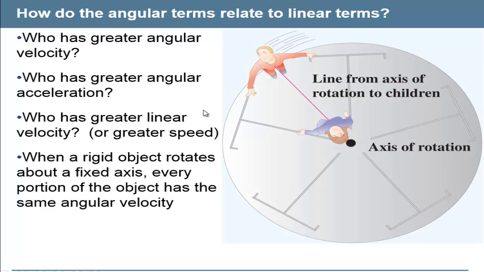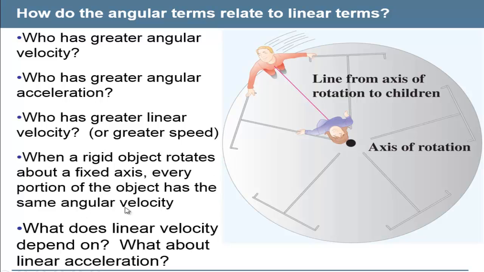So when a rigid object rotates about a fixed axis, every portion of the object has the same angular velocity, and this actually should say same angular velocity as well as same angular acceleration. What does the linear velocity depend on? What about linear acceleration? Well, there were a couple things.